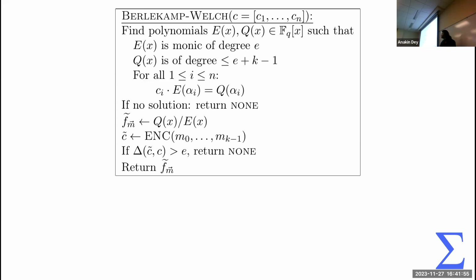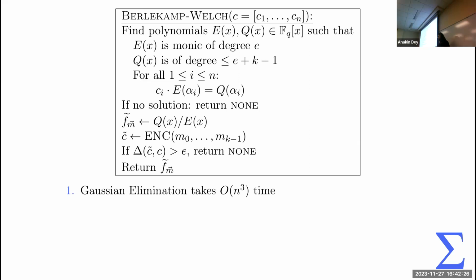If there is a solution, we'll test that solution. If that solution doesn't work, then we'll return none, and otherwise we've found the polynomial we want. Just some linear algebra, and then some checking at the end that we don't have too many errors and we found the right polynomial.